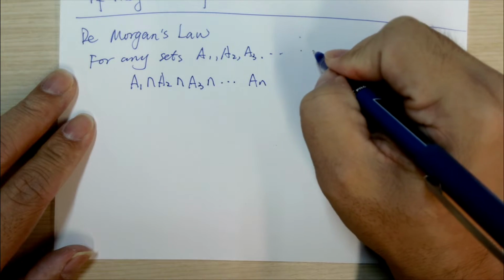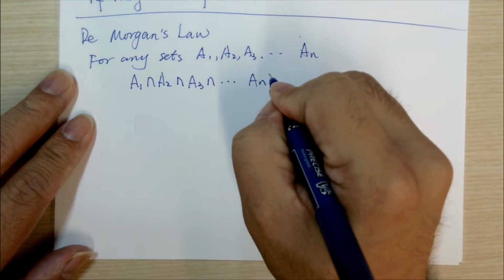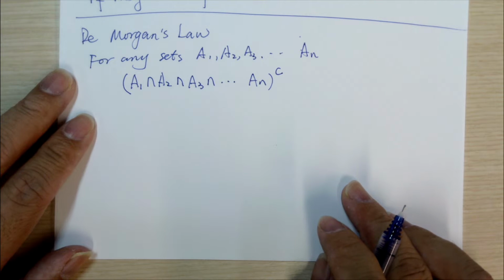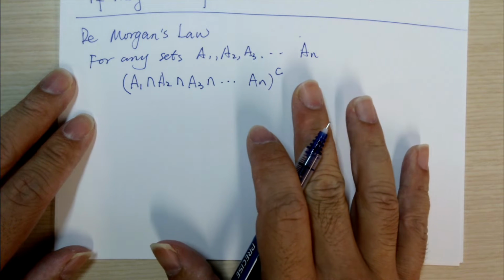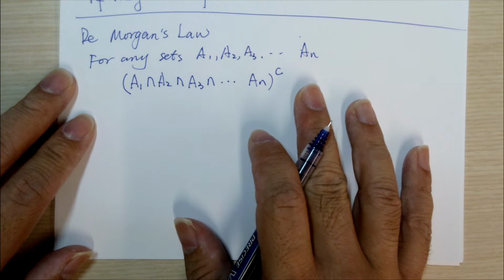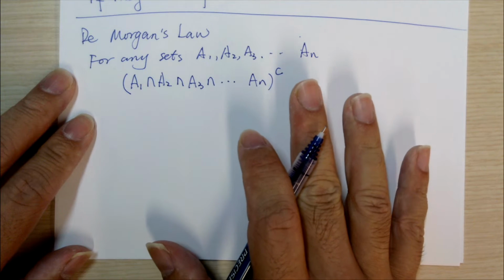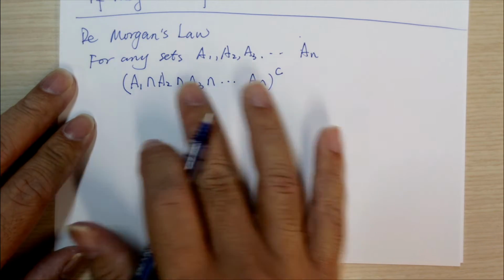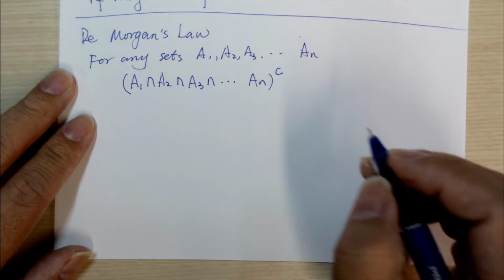Let's set it, and then I'm going to do a complement. Remember the concept of complement: it's every element in the set S, but not in here. So how do we calculate this complement?